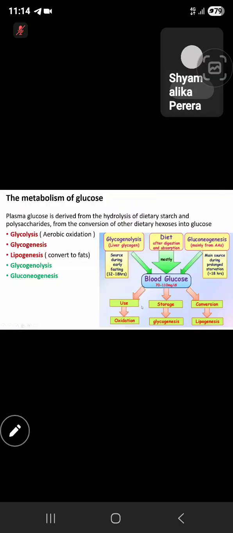When we talk about glucose, there are three pathways of blood glucose appearance, and many pathways of blood glucose utilization. Mainly blood glucose comes directly from our diet, and some glucose is produced in our body through glycogenolysis, that means stored glycogen is degraded, releasing glucose.